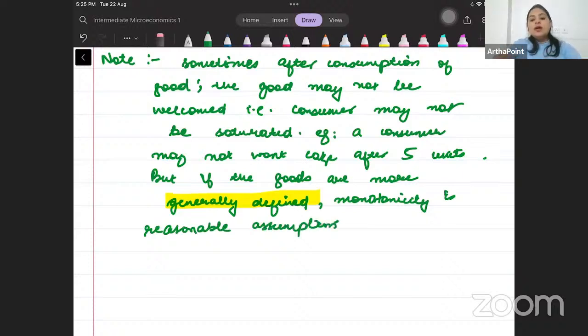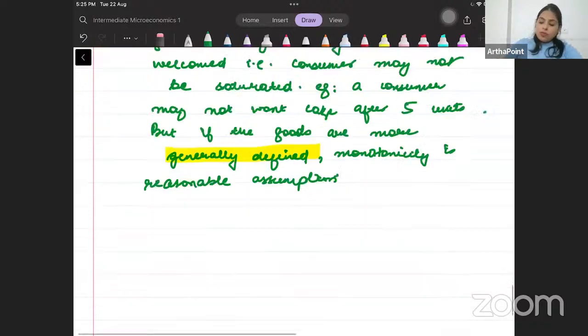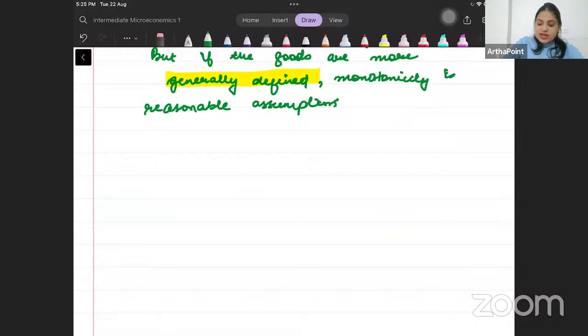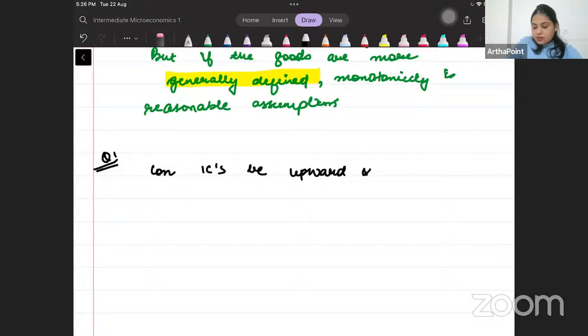Okay, beta. Now, आगे बढ़ते हैं. Now I want to talk about two things. This can come in exam. So question number 1. Can ICs be upward sloping? Can ICs be upward sloping?